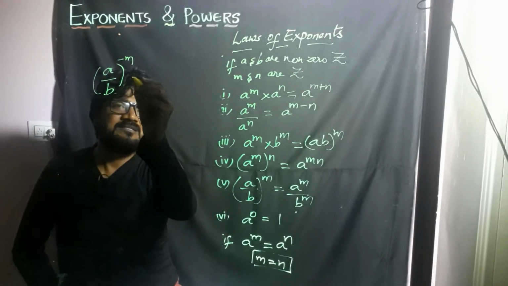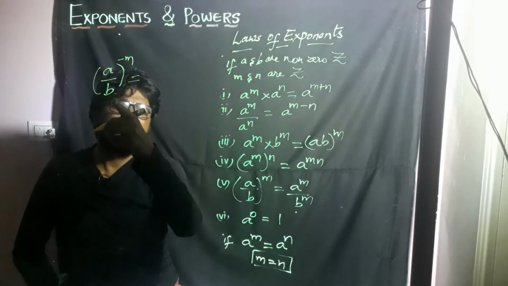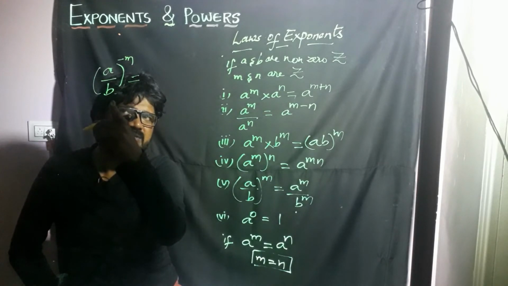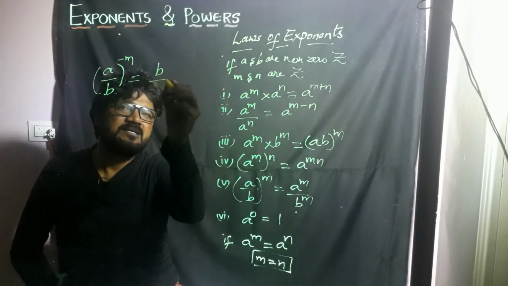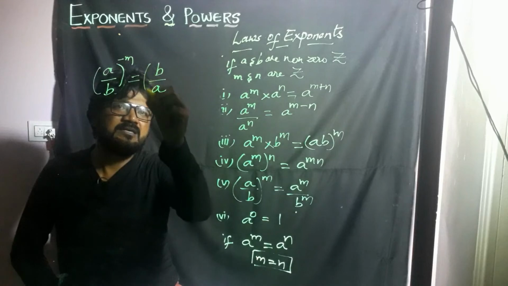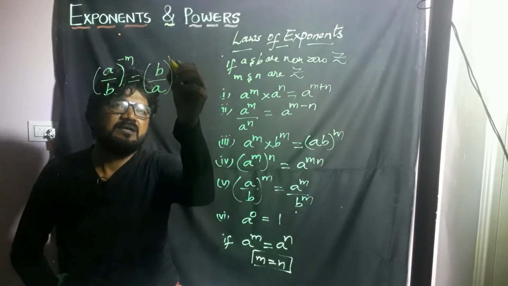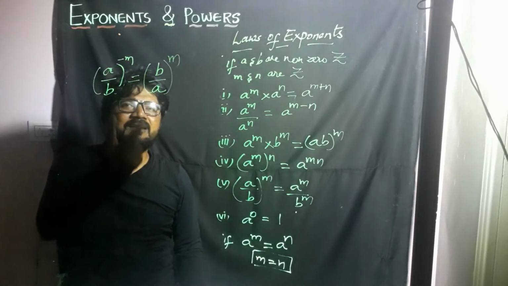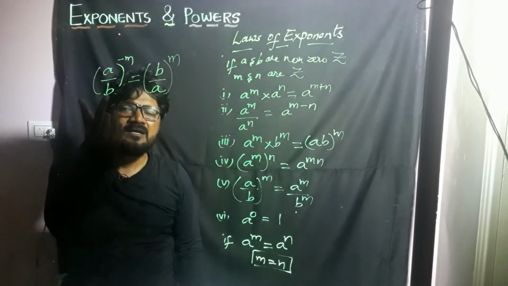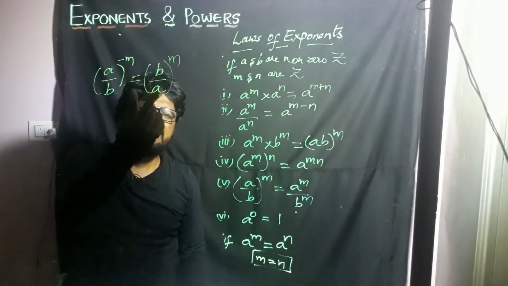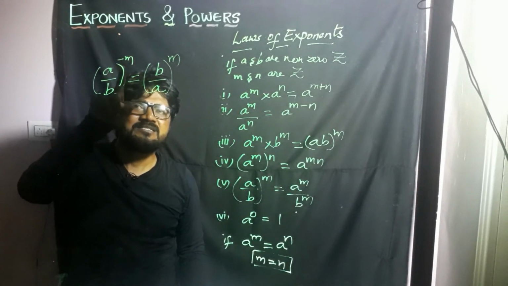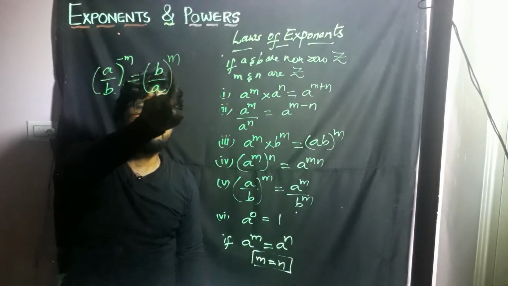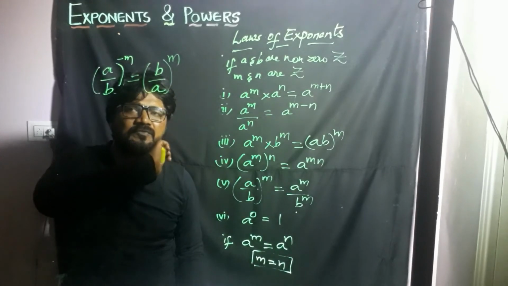Now we can write this by interchanging the numerator and denominator, b by a whole to the power of m. That means by changing the numerator as denominator and denominator as numerator, the exponent changes from minus to plus, that is, b by a whole to the power of m.